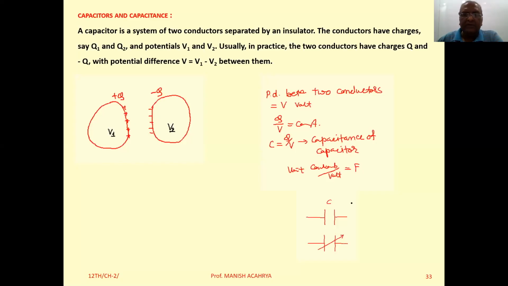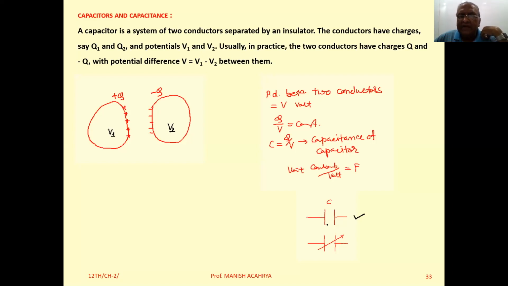Now the circuit symbol of the capacitor is this one. It is represented in the circuit by two parallel lines of the same height.